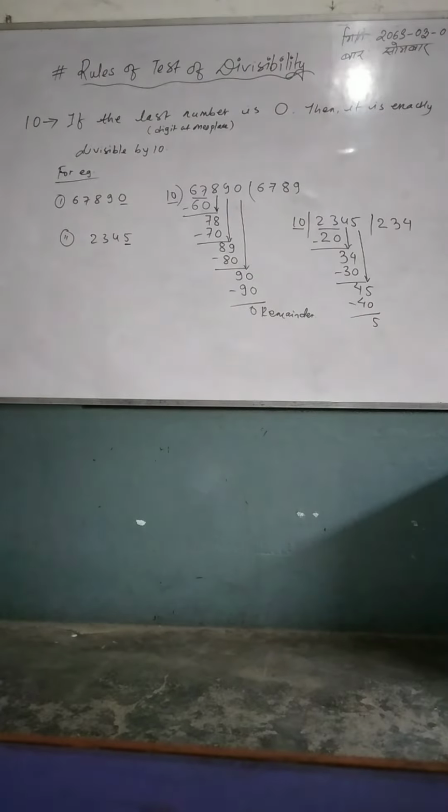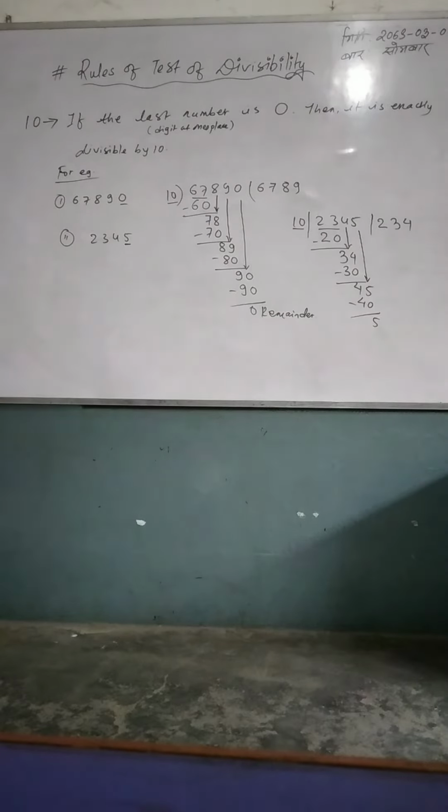By 2, the last number is 0, 2, 4, 6, 8. That means to check by 2, there should be either 0, 2, 4, 6 or 8 in the last place.